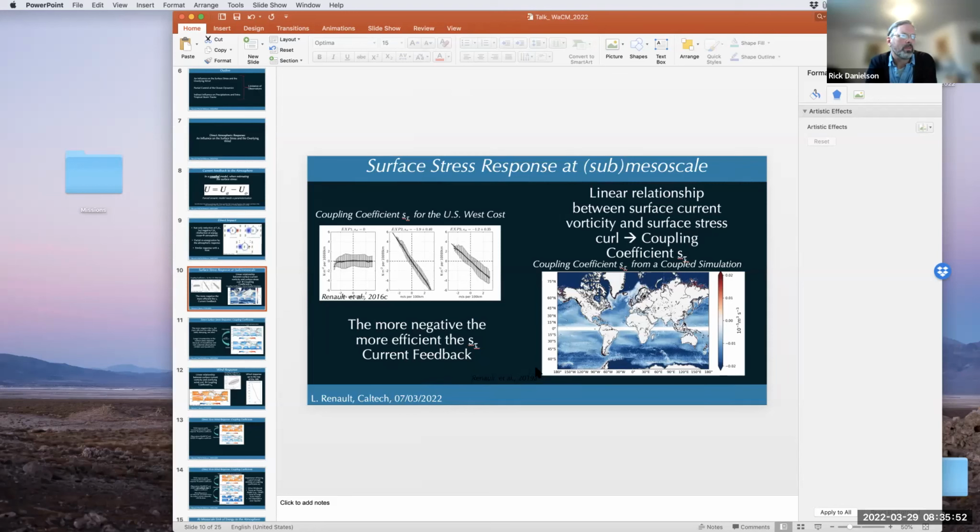Okay. So in this type of plot, you're showing the variations in wind stress curl as a function of vorticity, where vorticity would be taken to be the reference, I think. Is that right?